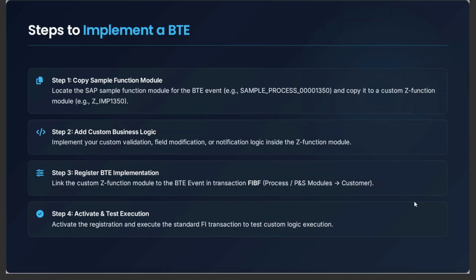The third one is register in transaction FIBF: open transaction FIBF, navigate to the customer modules and map the BTE event number to your custom Z function module. The fourth step is activate and test. Save and activate the entry, then test the transaction so that your custom code executes during standard transaction processing.